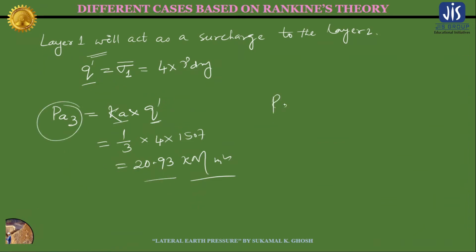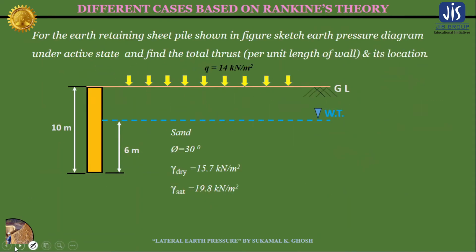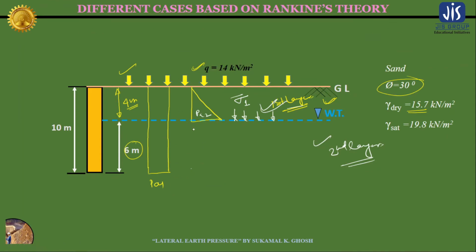It means Pa3 is equal to Pa2. Here this is Pa3. This Pa3 is equal to Pa2.